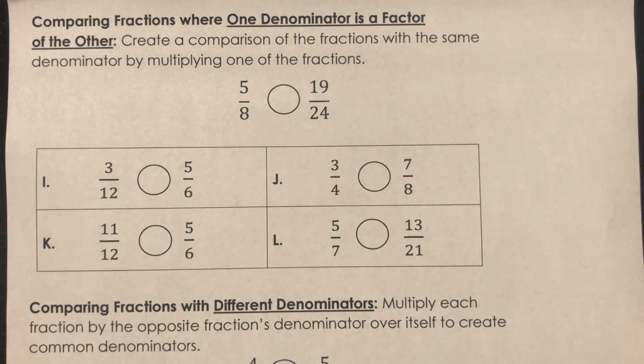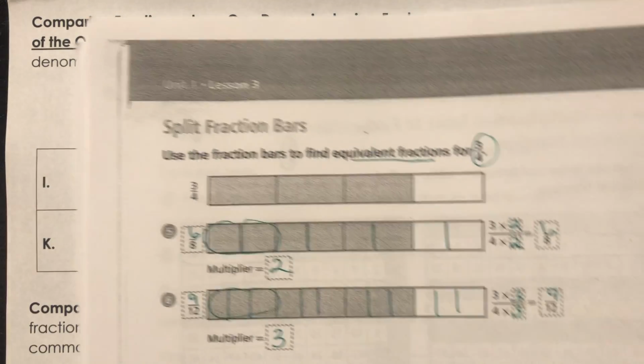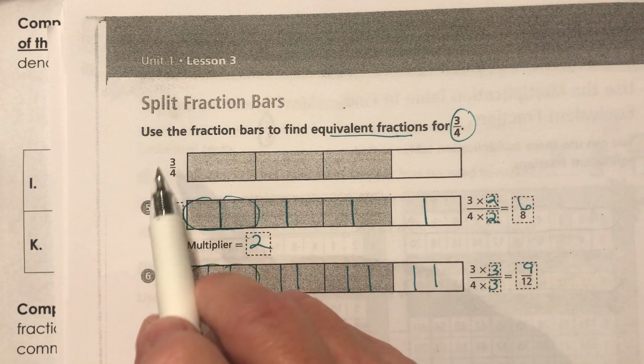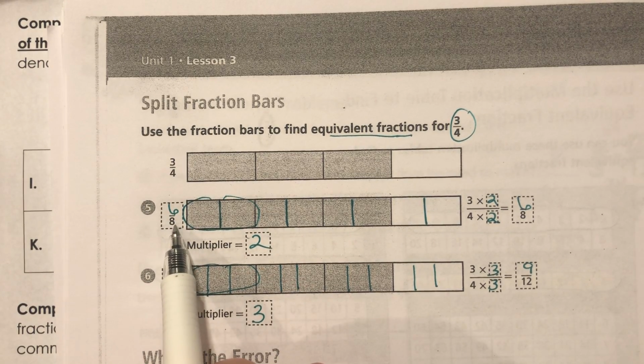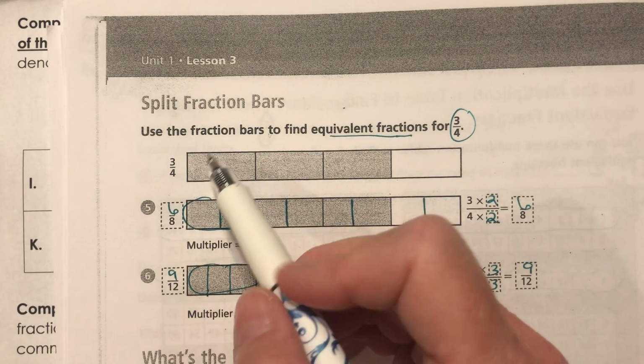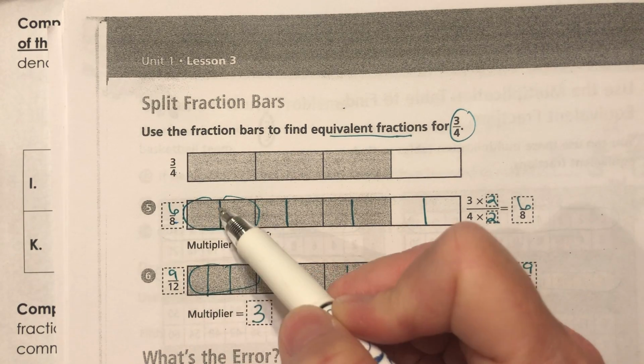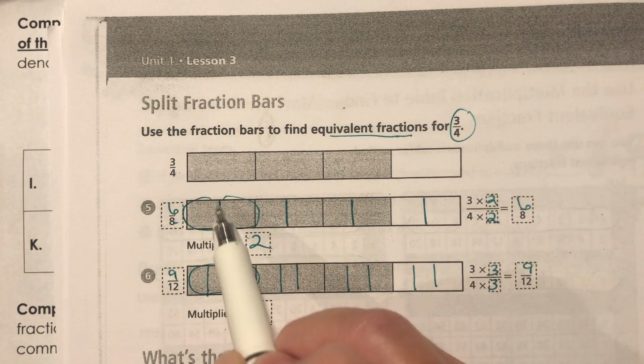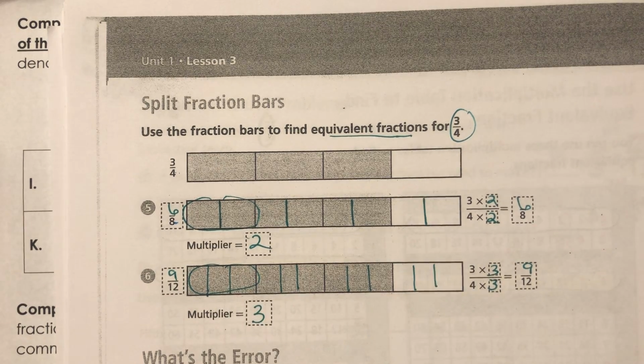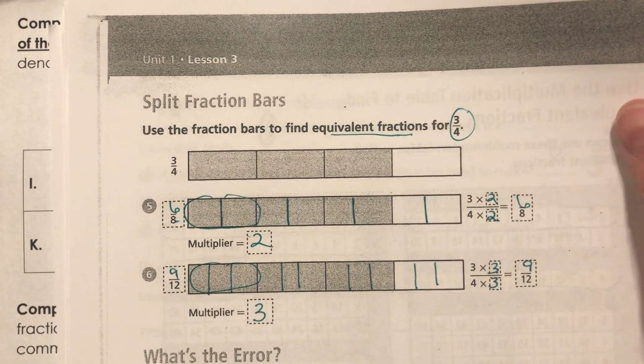So if you think back to our workbook page, and I have mine handy, so I'll just show you. When we had 3/4 and I wanted to make it 8ths, didn't we just ask ourselves 4 times what would give me the 8? And we cut it up into that number of pieces, and multiply both of the fractions by it to create an equivalent.